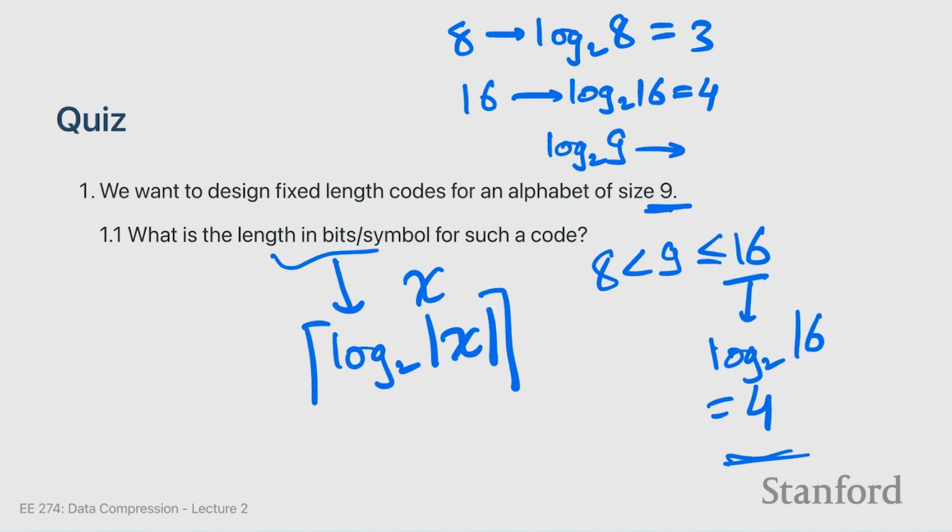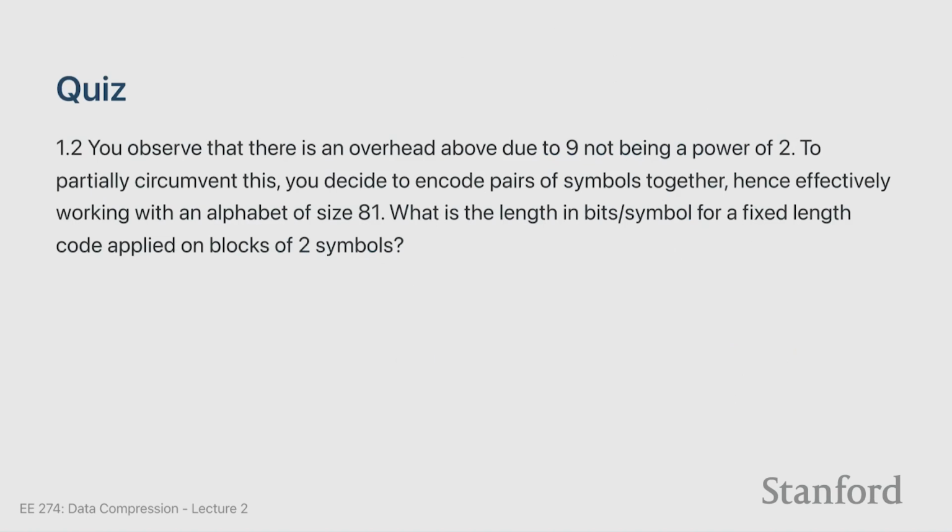So this question was trying to introduce you to one idea to make it better. The idea is simple. Rather than encoding one symbol at a time, you encode symbols in blocks of 2.